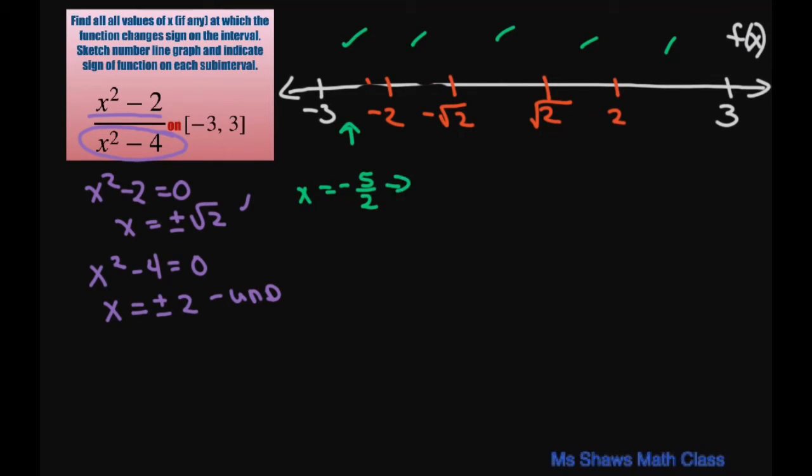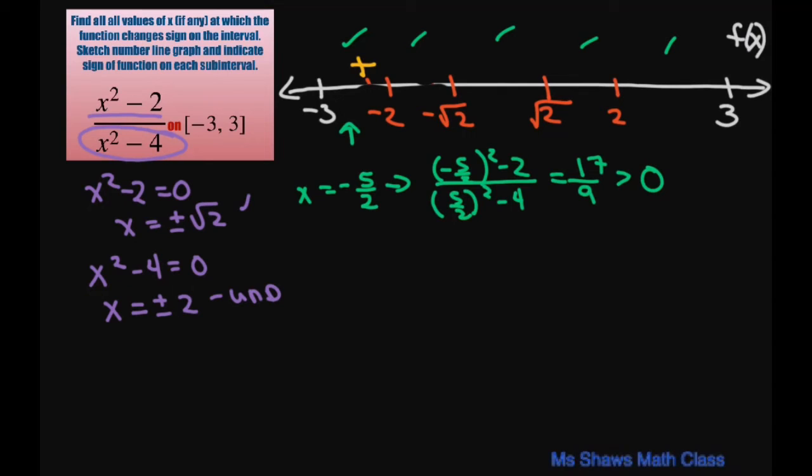When you substitute that in, you're going to get (-5/2) squared minus 2 divided by (-5/2) squared minus 4. And we're not really looking for the actual value. We just want to know if it's positive or negative. So this is positive right here.